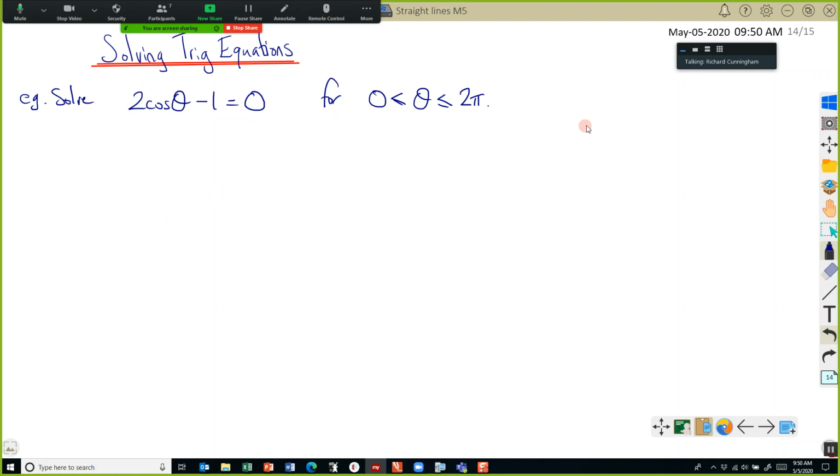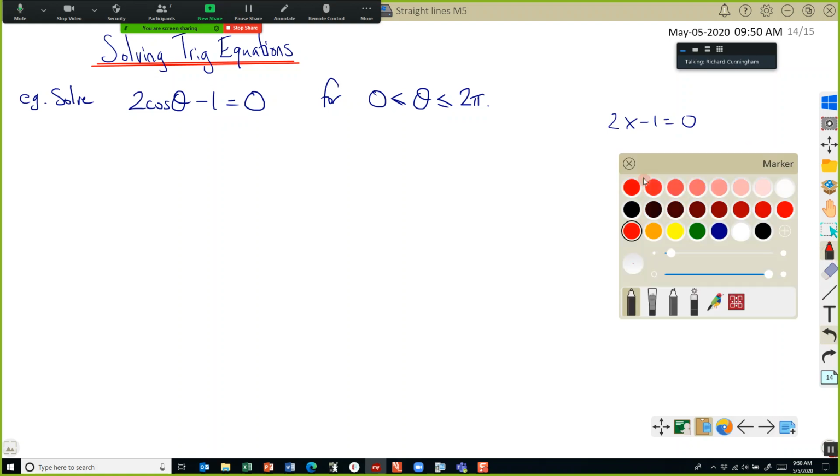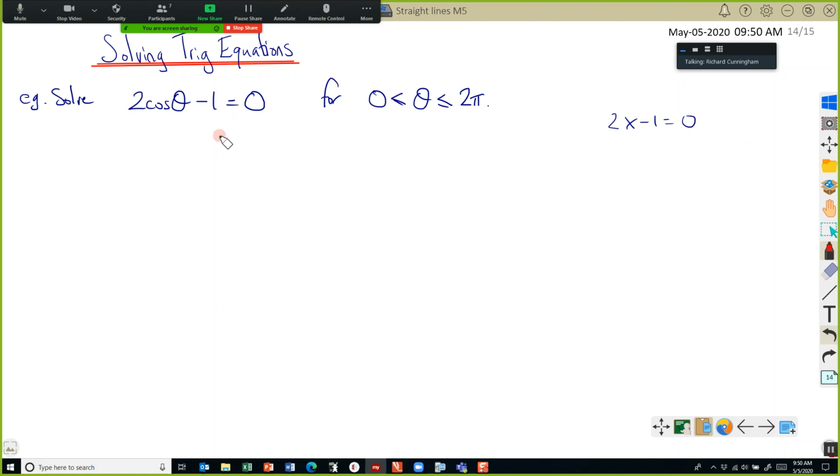If this was just a regular equation, 2x minus 1 equals 0, what would be the first thing you would do to solve it for x? Yeah, bring the 1 over, add 1 to both sides, so we can do that here.